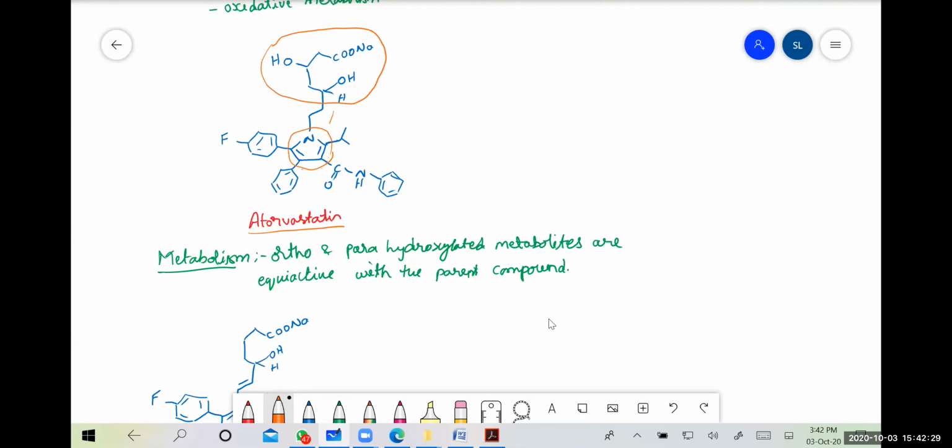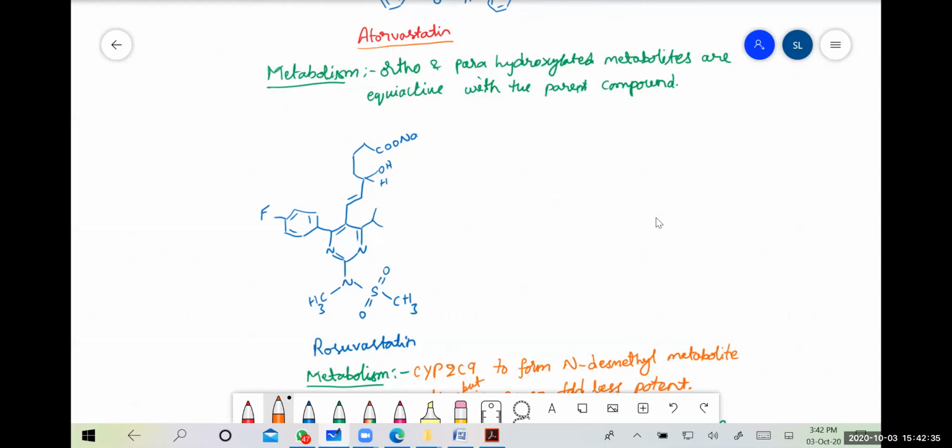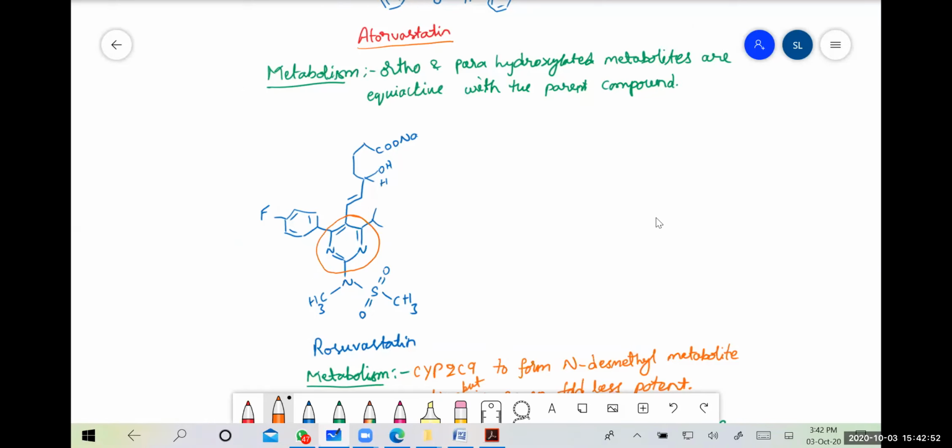Then coming to the structure of rosuvastatin. In rosuvastatin, the ring is a pyrimidine ring. The linkage between the open chain or open lactone structure and the heterocyclic system is through two carbons. In atorvastatin, lovastatin, and simvastatin, the linkage is also with two carbons only, but you have a double bond in the case of rosuvastatin.